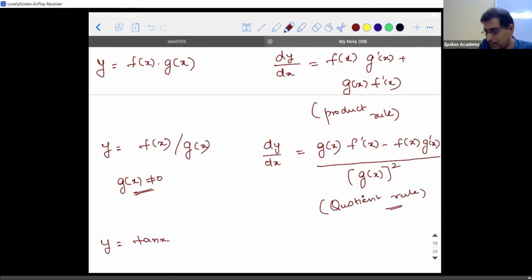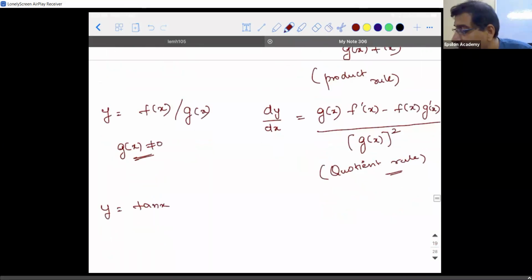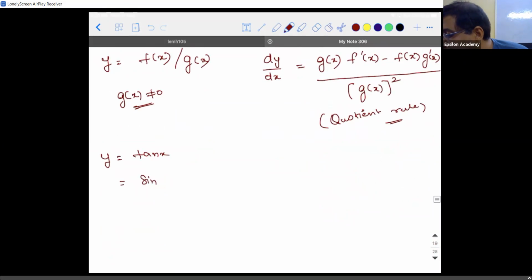So y is equal to tan x. I can write it as sin x divided by cos x. By the way, do you know the derivative of tan x? Secant square x. We get it by applying the quotient rule.